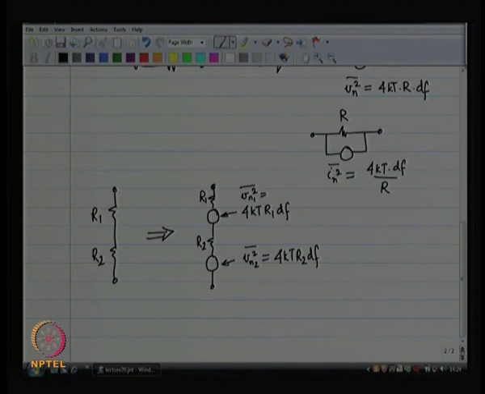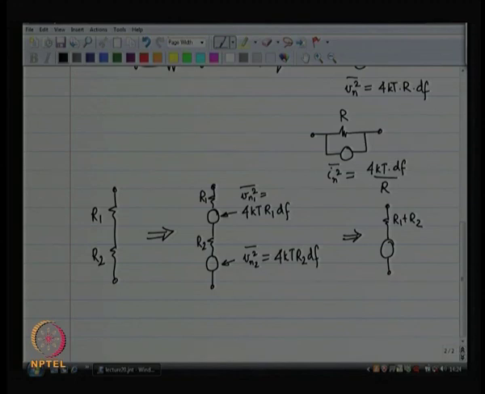And when you add these two voltages, what is going to happen? This can be represented as noiseless R1 plus R2 in series with a voltage source, which is the sum of the two earlier voltage sources.